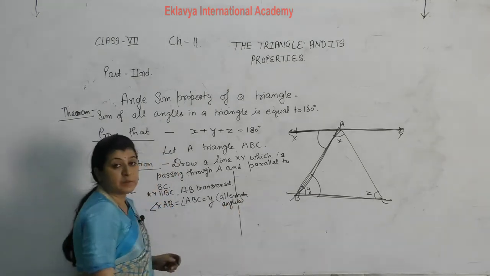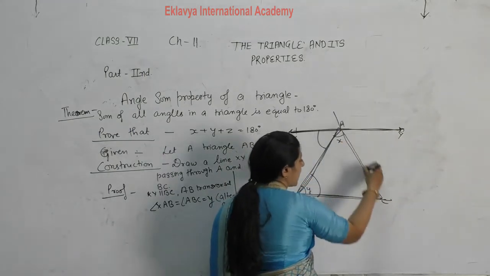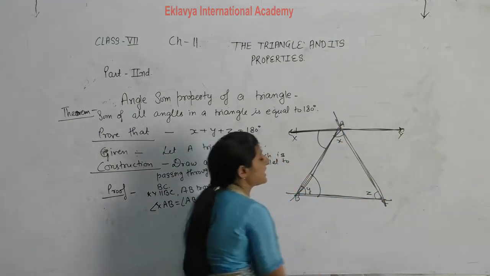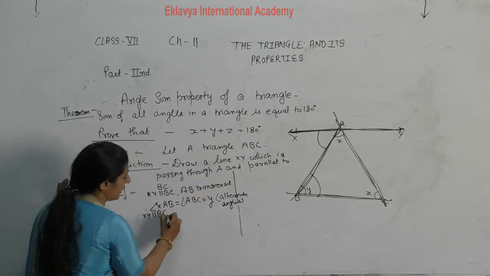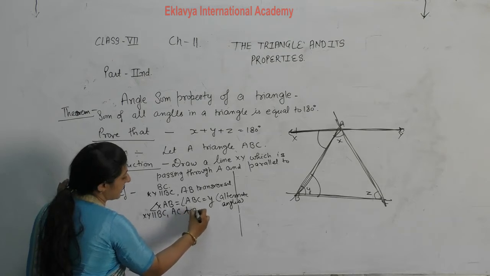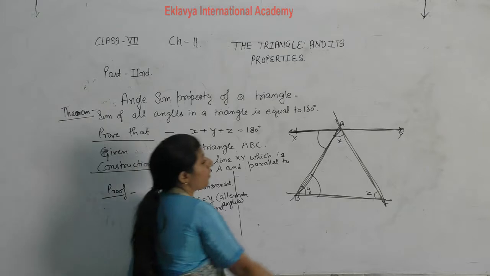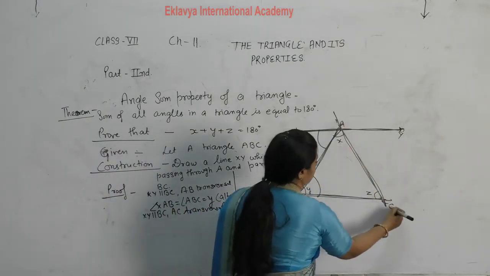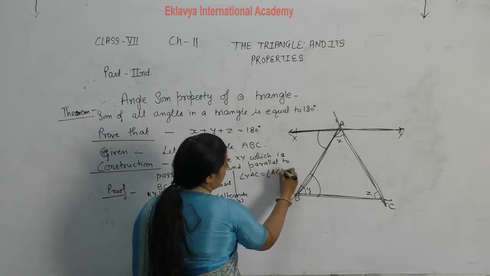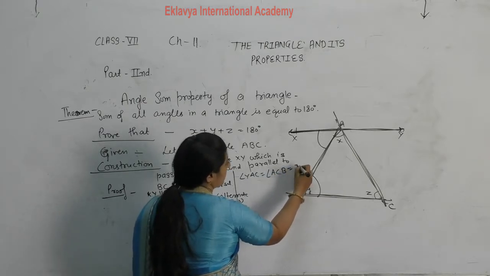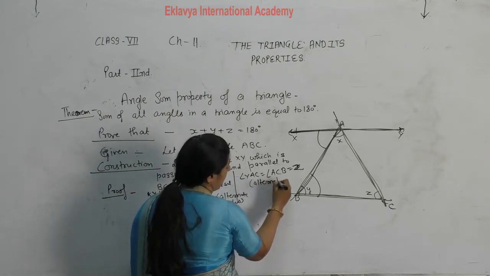Similarly, XY is parallel to BC but now we take AC as a transversal. In this case, angle YAC is equal to angle ACB, which is equal to Z. Reason same, alternate angles.